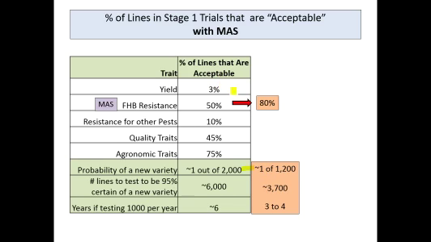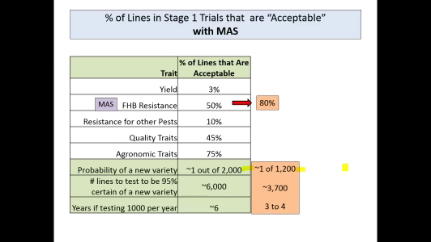I take 3% times 80% times those others, and now instead of 1 out of 2,000 lines being acceptable, now 1 out of 1,200 lines is acceptable. To be 95% certain of finding such a line, I need to test about 3,700, and I can do that in about 3 to 4 years if I'm testing 1,000 a year.